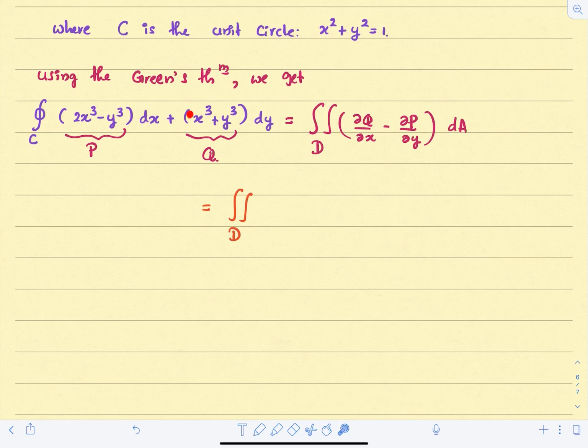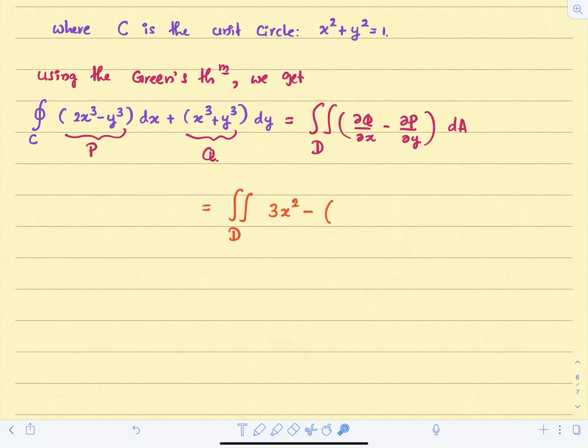And if you evaluate these two partial derivatives, you will get partial Q over partial x. So the derivative of this one with respect to the x variable should be 3x squared minus, by the way, the derivative of this y cubed with respect to the x variable is 0. So we do not get a contribution from this part.